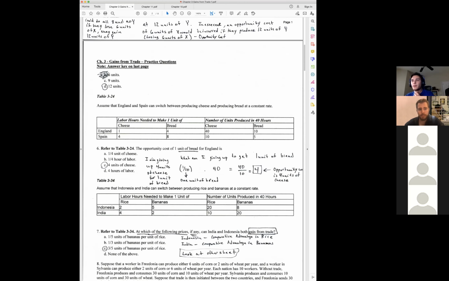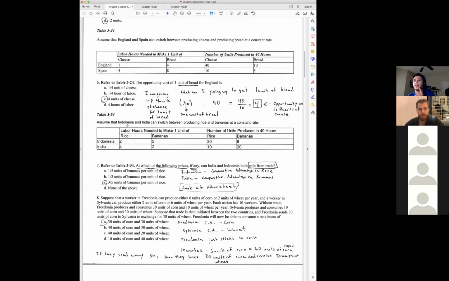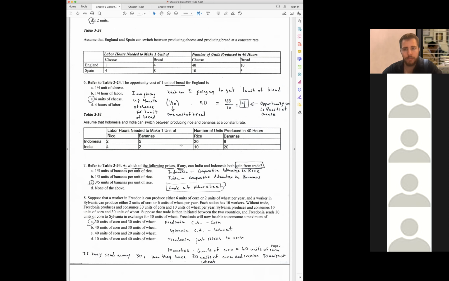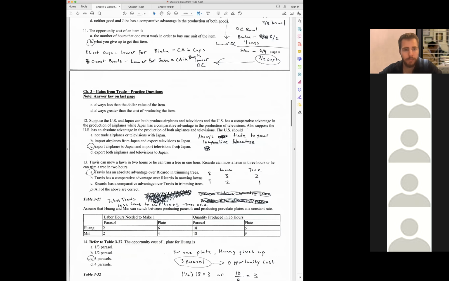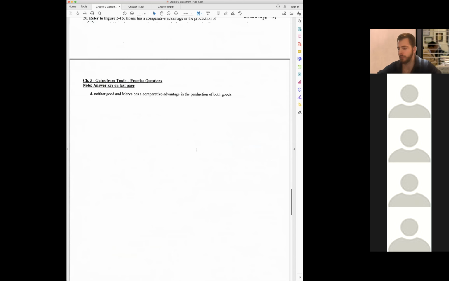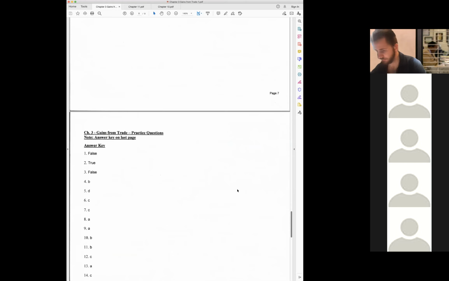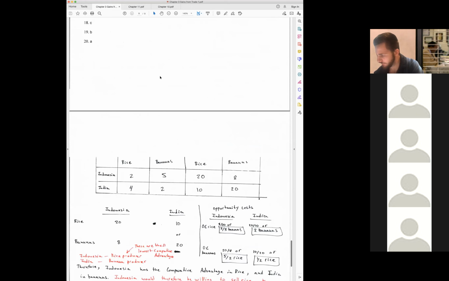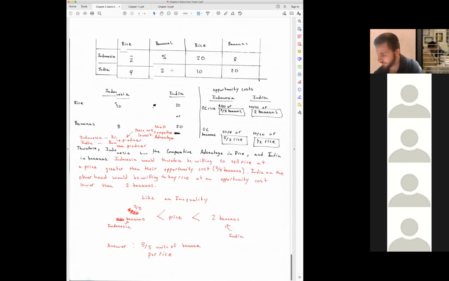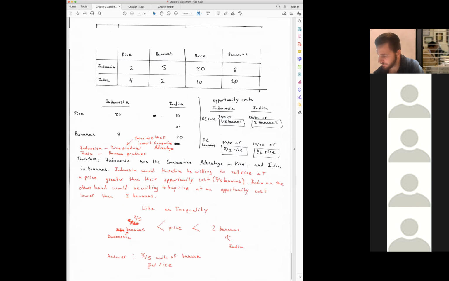Then another one we went over a little bit in class was this one. Assume that Indonesia and India can switch between producing rice and bananas at a constant rate. I always put this one on the second sheet. The way I put it is right here, where you have labor hours and how many units could be produced.